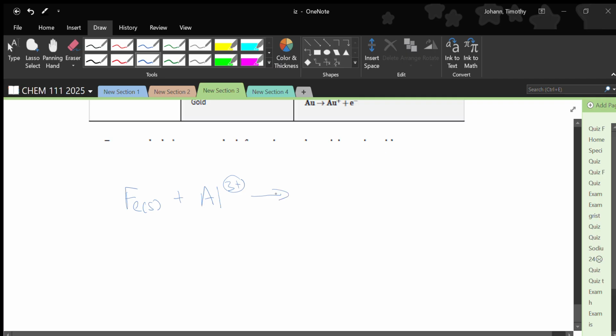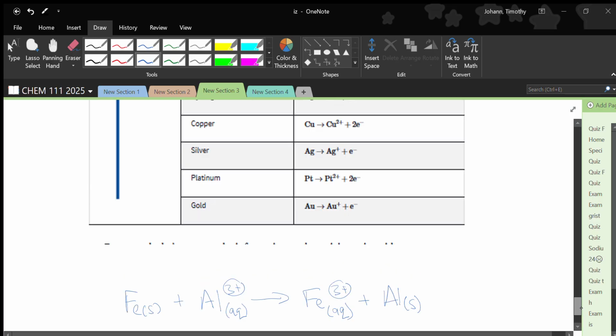What is going to happen here in terms of our reactivity series? We could make iron 3+, let's make it easy in terms of balancing things, to make aluminum solid. So the way we use this activity series is, will iron give up its electrons to aluminum?